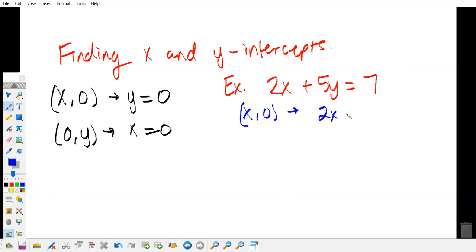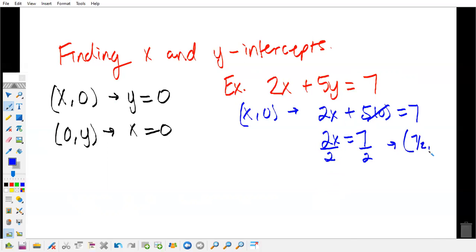So we have 2x plus 5 times 0 equals 7. What happens to 5 times 0? Cancels. And I get 2x equals 7. Then what's the last thing to do? Divide by 2. So therefore, my x-intercept is at 7/2, 0.